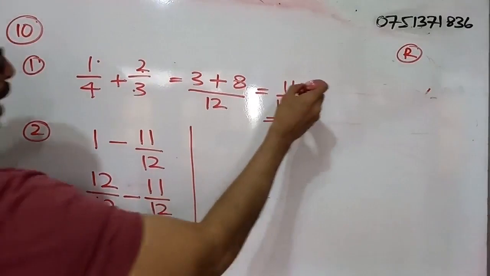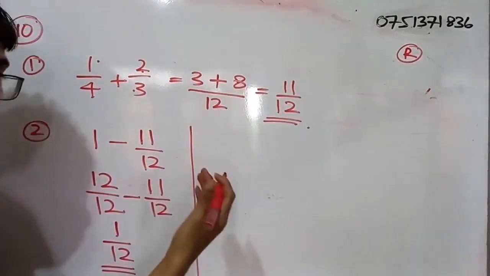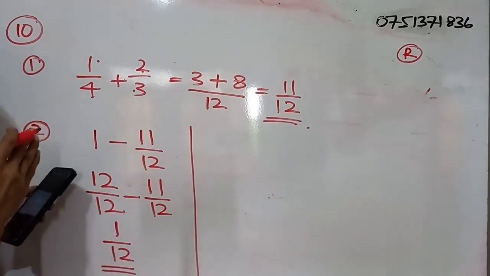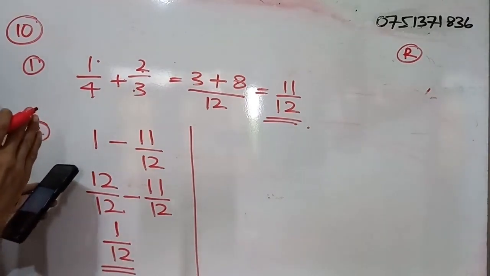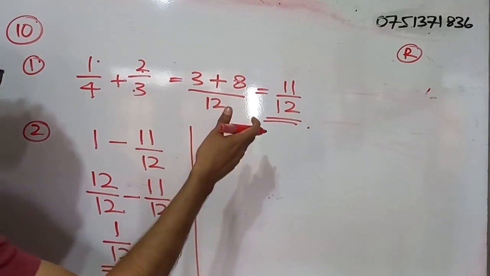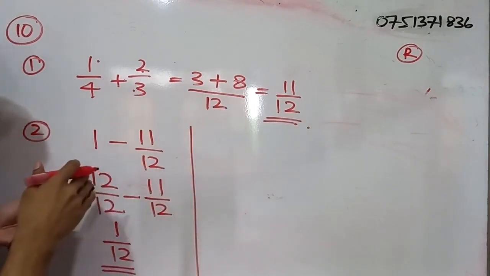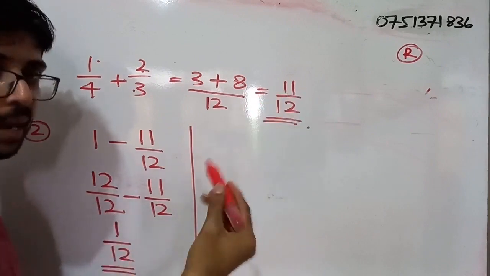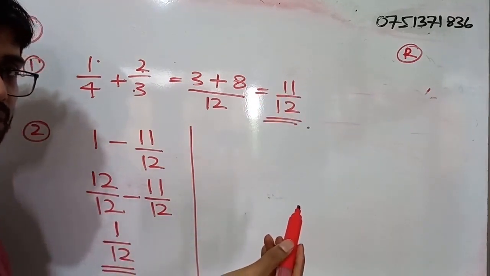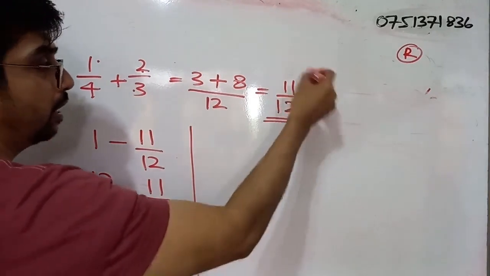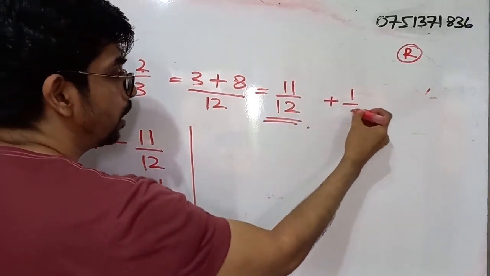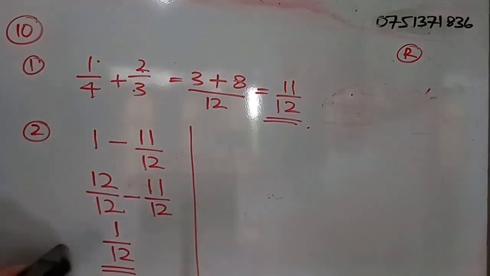This is the total amount as a fraction which he traveled by the bicycle and the bus, no? So the remaining amount, he used a 3-wheeler. Here we have 11 by 12, so the remaining is 1 by 12. We don't have to subtract. So that is the end of the questions.